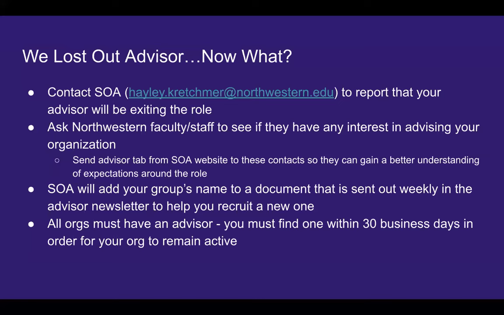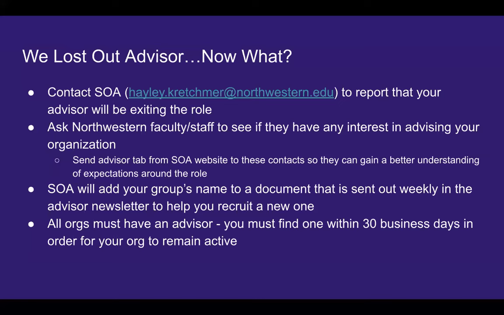I do recommend if someone has interest, but they're not quite ready to sign up for the role, suggest that you have a meeting just to go over what the expectations would look like from your end, what your advisor relationship has looked like in the past, and of course, explain what your organization is and what they do throughout the academic year. SOA will add your group's name to a document that is sent out in the weekly newsletter to advisors.